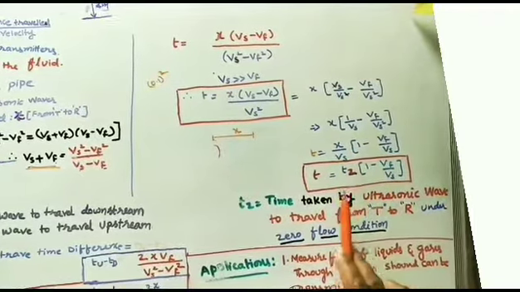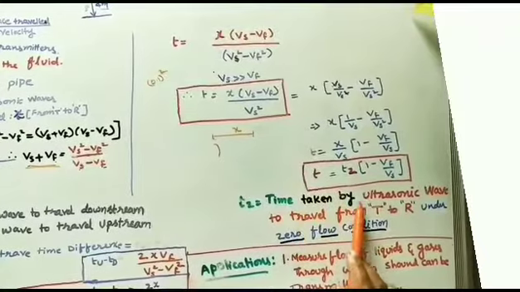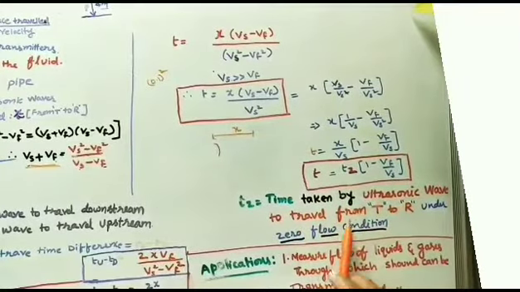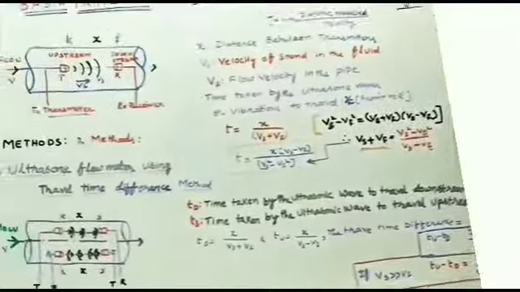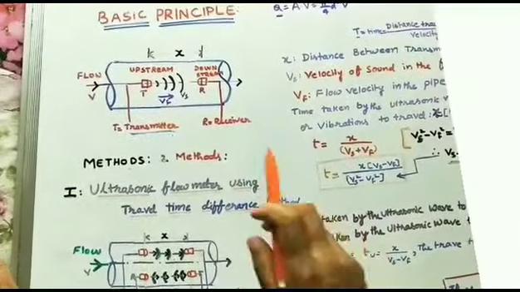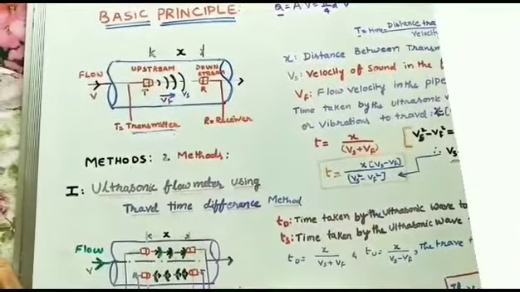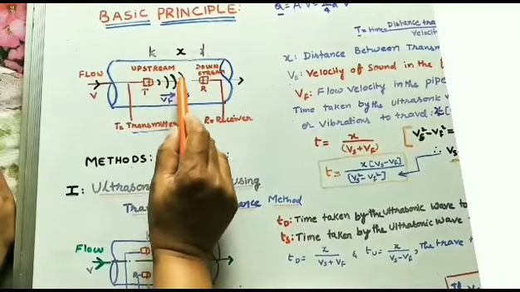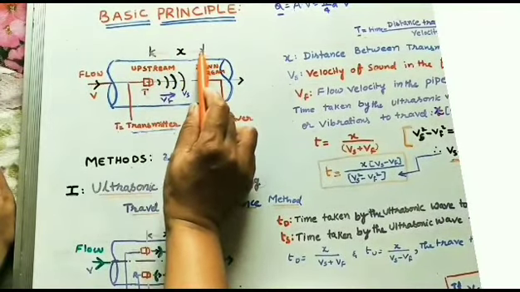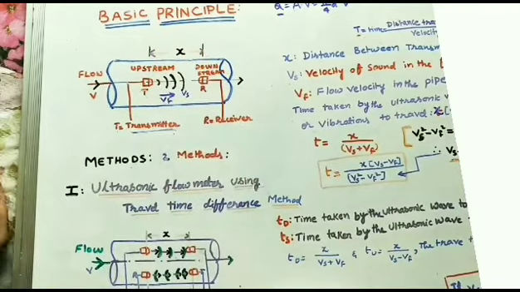Now tz indicates the time taken by the ultrasonic wave to travel from T to R under zero flow condition. Zero flow condition means in this pipe the water or liquid is not flowing; at that time, how much time does the sound take to travel x distance?